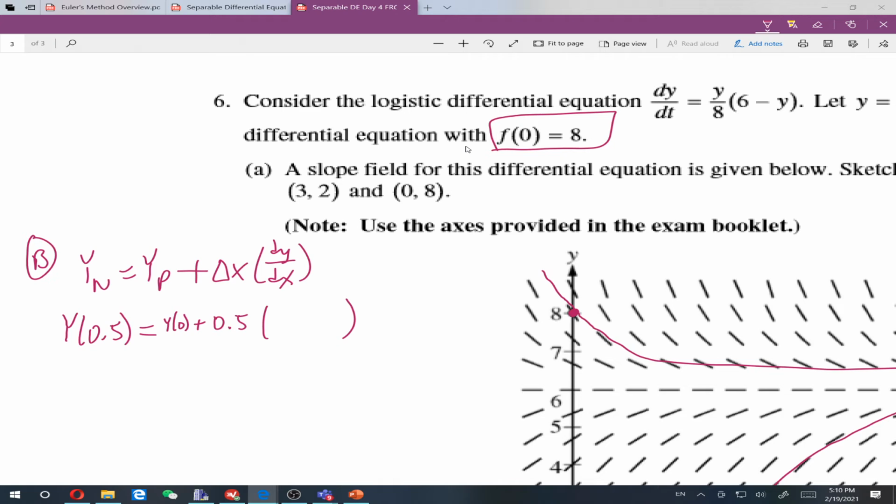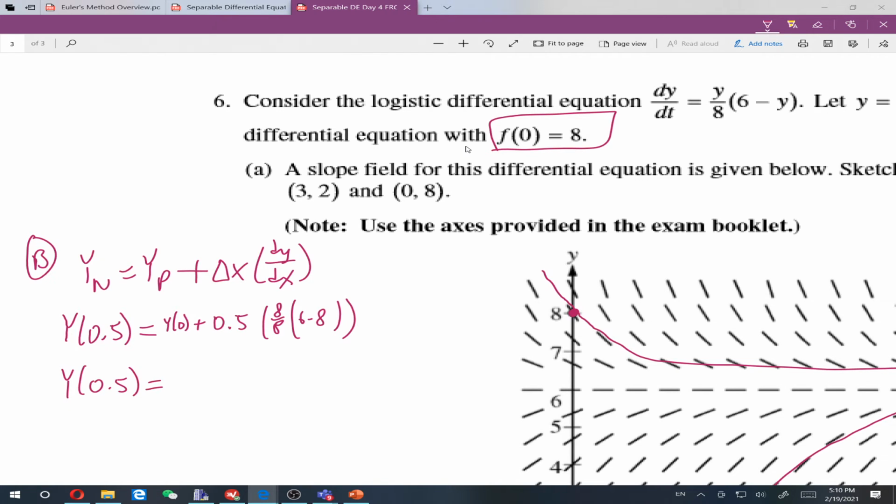Okay, y over 8 times 6 minus y. What's our y value? 8. Okay, so this will be 8 over 8 times 6 minus 8.